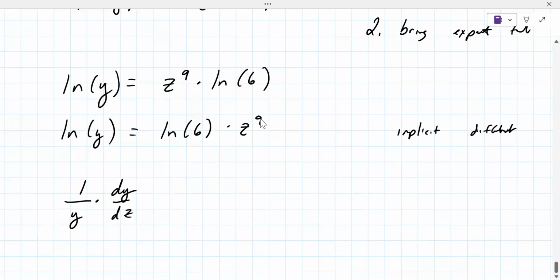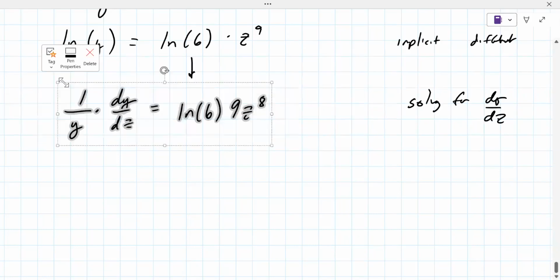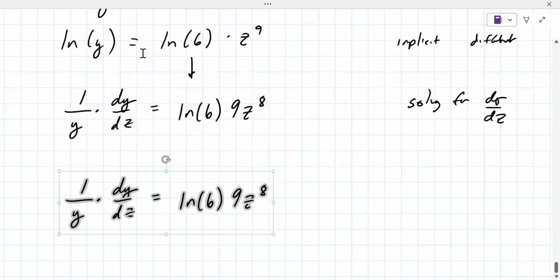But what is the derivative of z to the ninth? If it's just pure power rule, 9z to the 8th. Right. And you bring the constant, natural log of 6, down. Okay. So this becomes 1 over y times dy dz equals this. Now we're solving for dy dz. So you undo 1 over y by multiplying both sides by y.